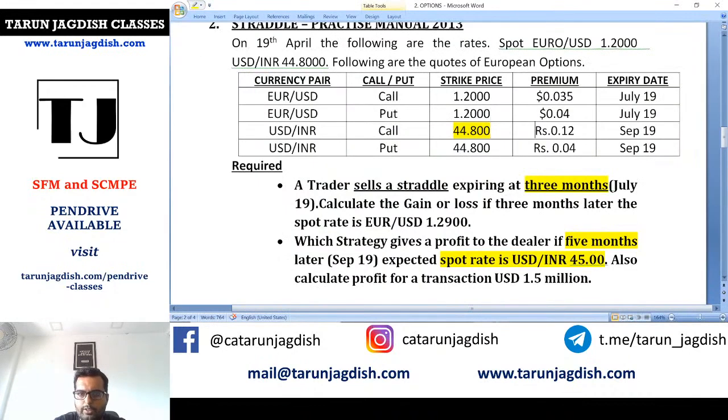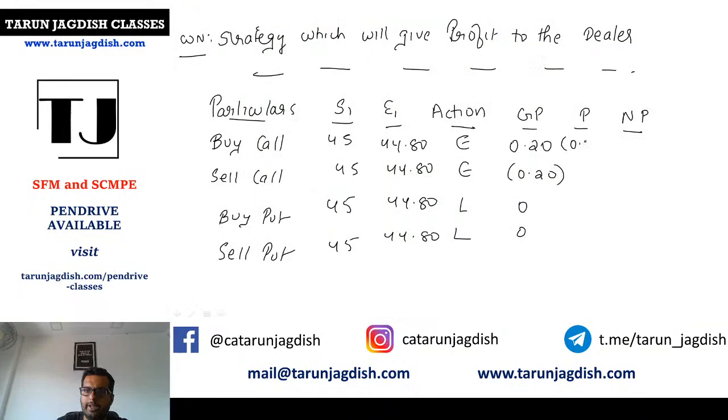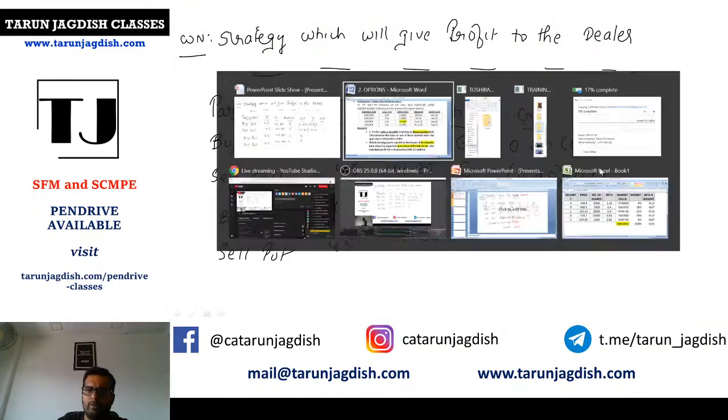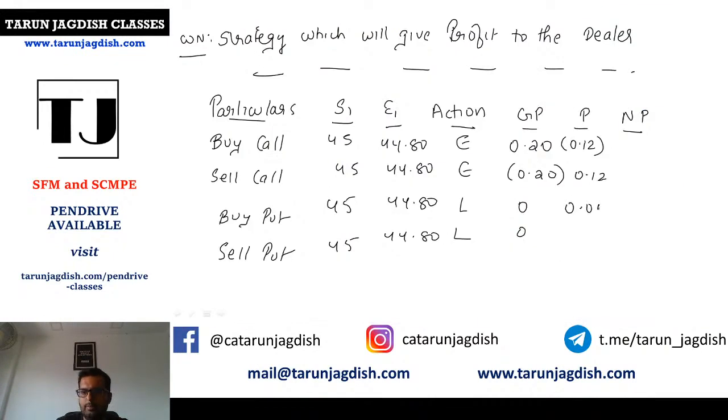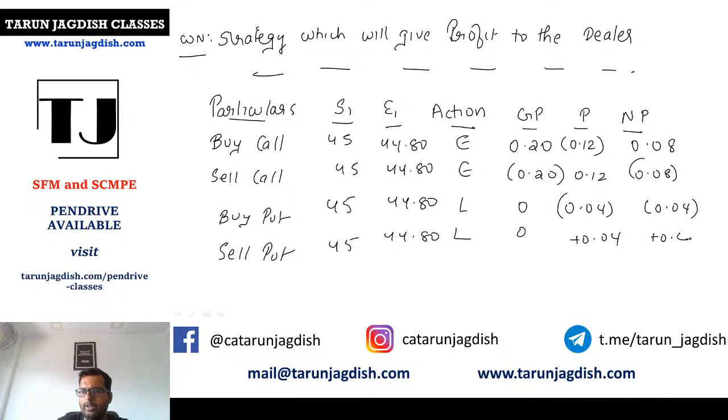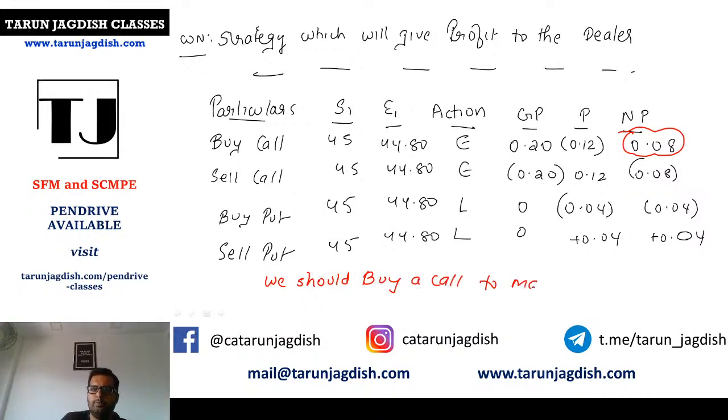Premium for call is 0.12, so this will be minus 0.12 plus 0.12. The other one is minus 0.04 plus 0.04. So my profit will be 0.08. Which is the one giving me the best profit over here? This one. So I'll write down, we should buy a call to maximize profit.